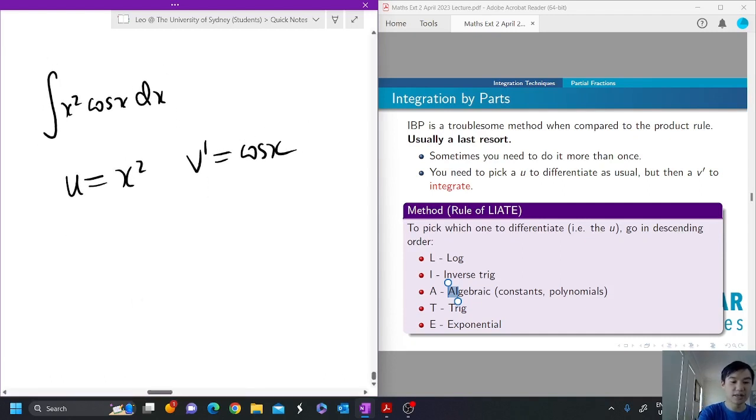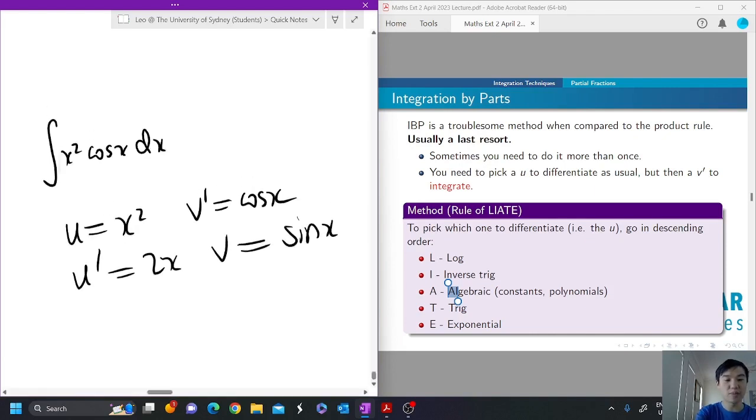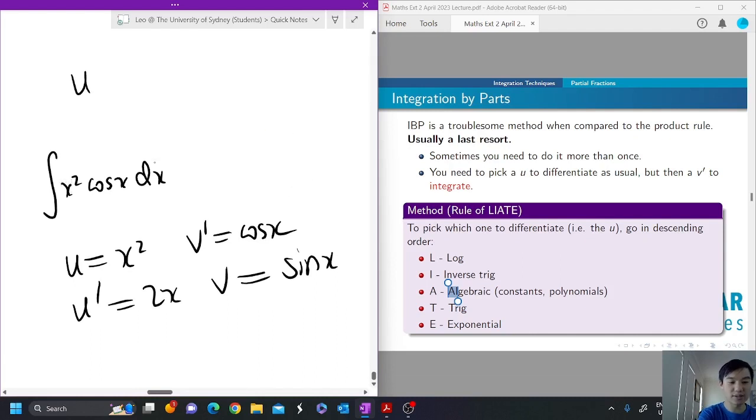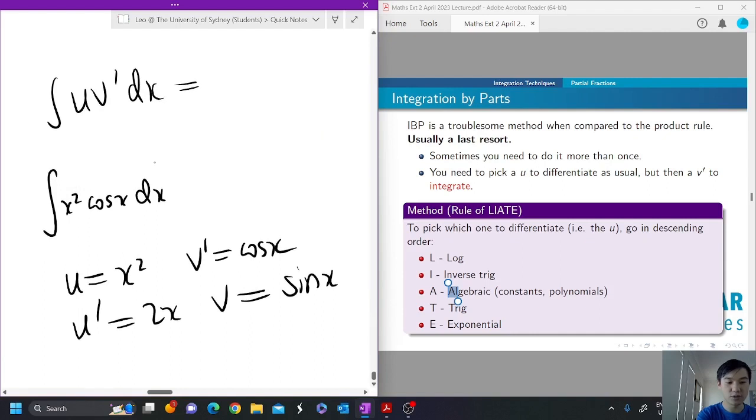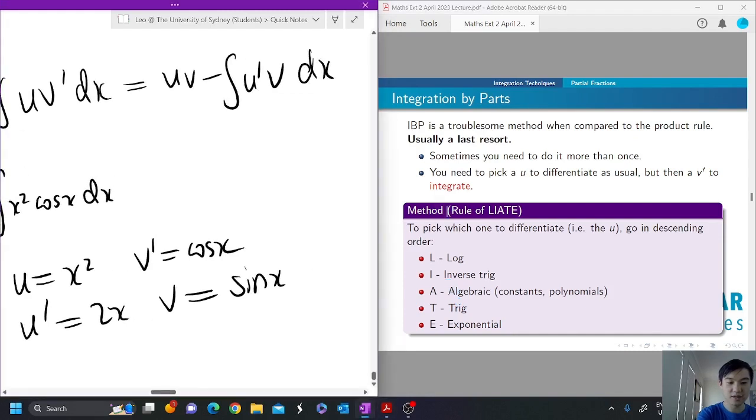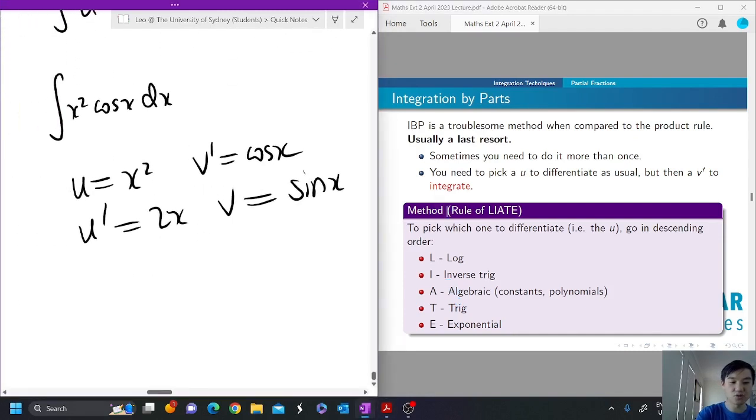Therefore, when we differentiate u to get u dash, we get 2x. And when we integrate v dash, the integral of cos is sine x. So remember that the rule goes, when we are trying to integrate this thing, we will get uv minus u dash v.